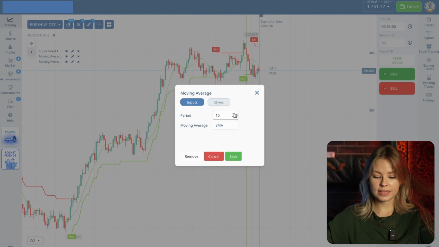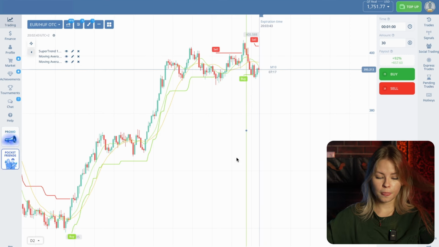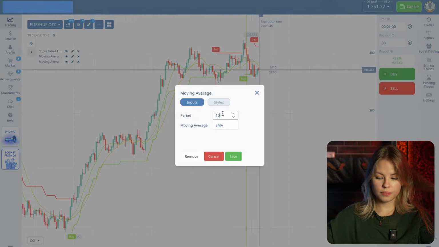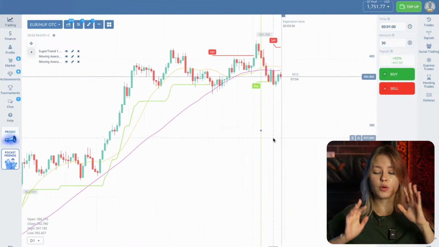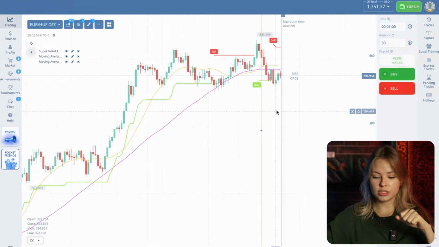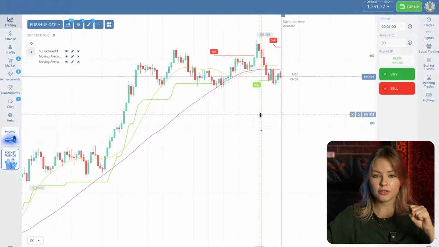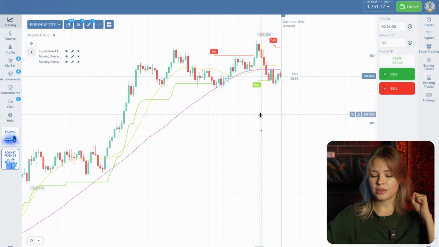Let me first set these averages to show you the example. And this one really works well. These two indicators with these settings really work perfectly. It's a perfect setup for a beginner to use Supertrend and these two averages to help yourself detect the best trades to enter.